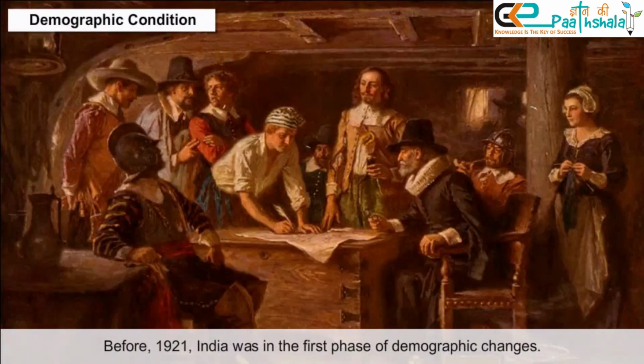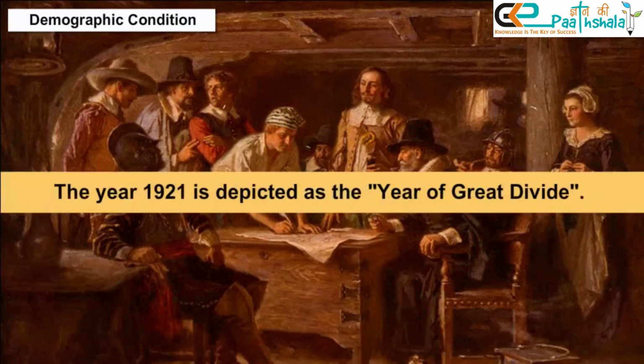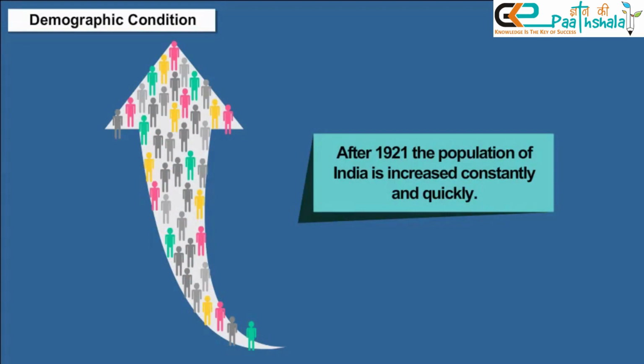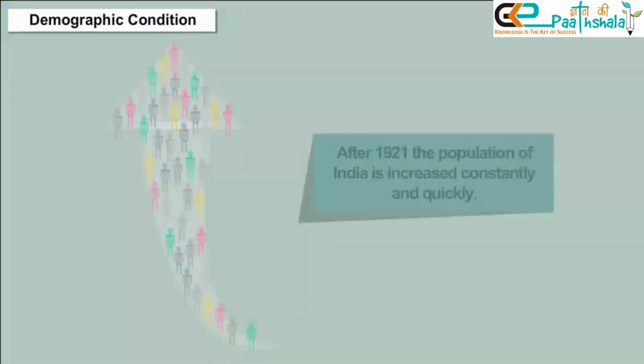Before 1921, India was in the first phase of demographic changes. The year 1921 is depicted as the year of Great Divide. After 1921, the population of India increased constantly and quickly. The demographic conditions were as under.